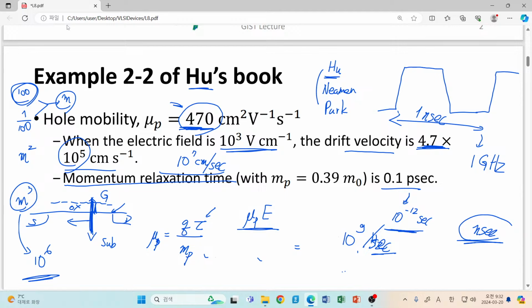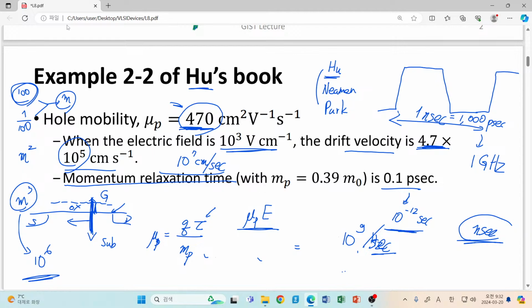This is 1 nanosecond, and this corresponds to 1,000 picoseconds. And you know that now your electrons and holes can react much faster than this.